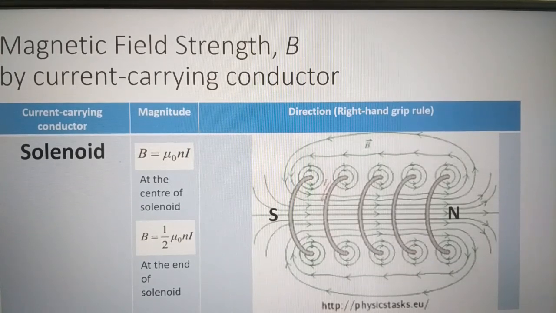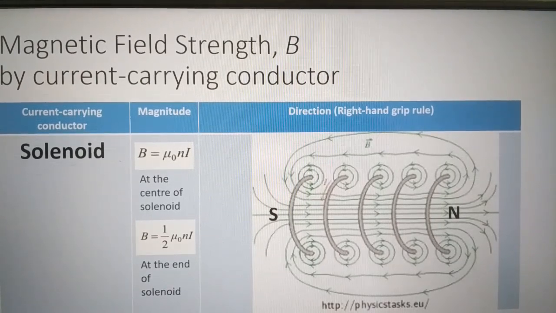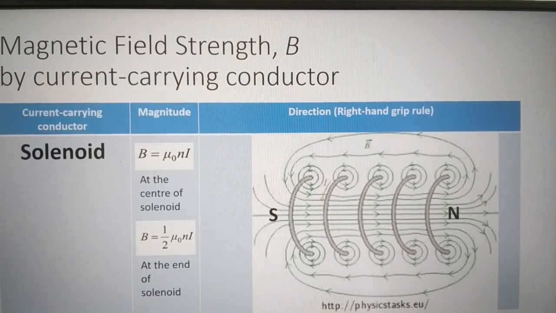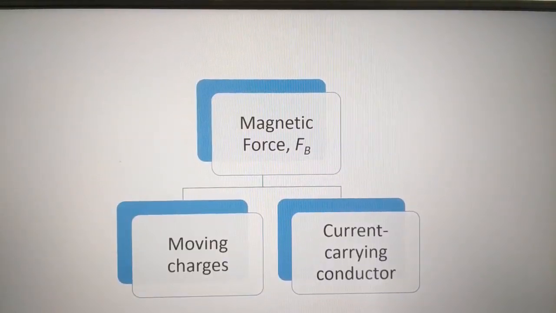So this is how we find the magnitude and direction of magnetic field strength produced by a current carrying conductor. The magnitude is found by the respective formulas that you need to know, and the direction is found by the right hand grip rule. Please remember this.